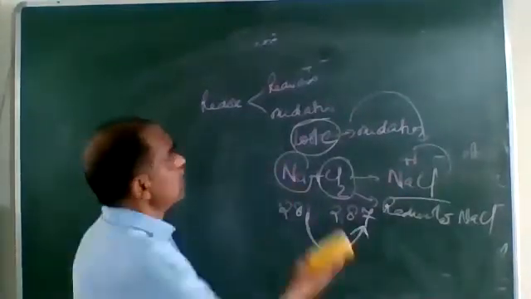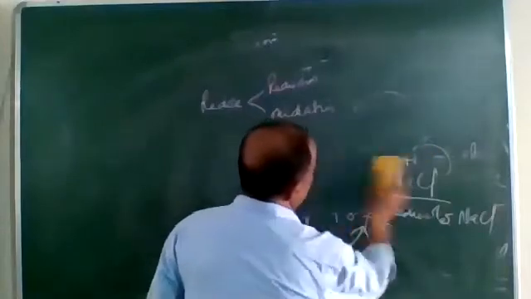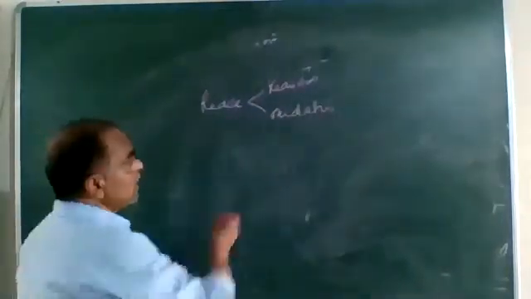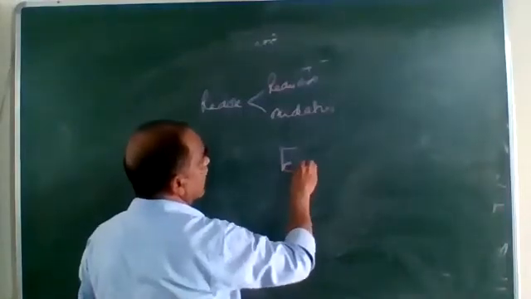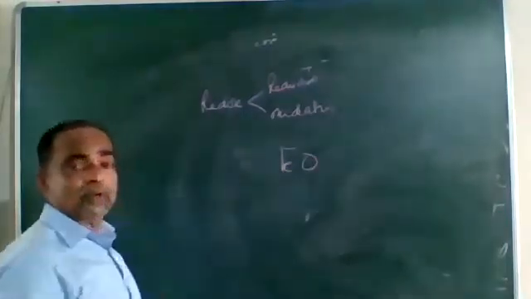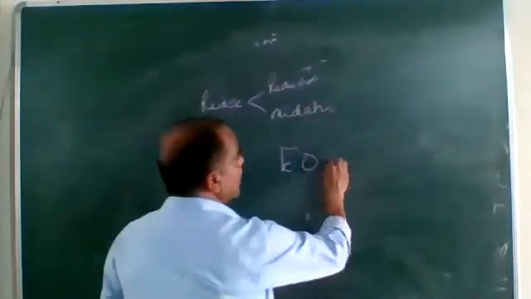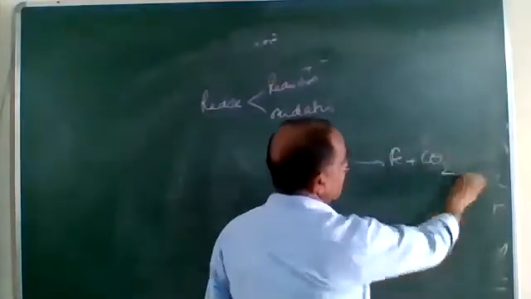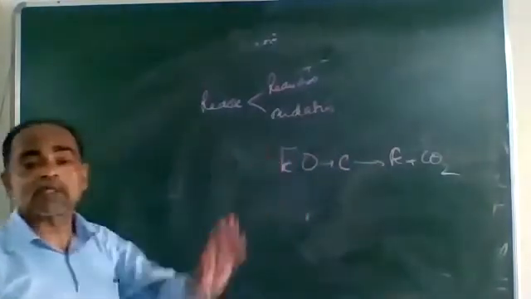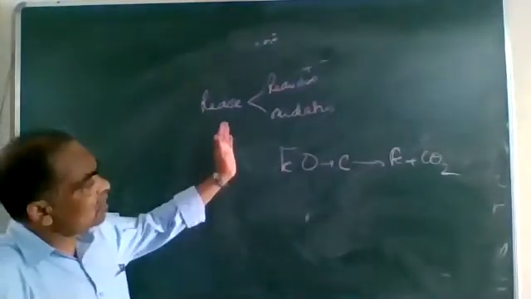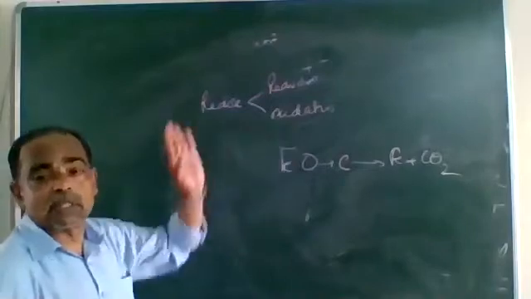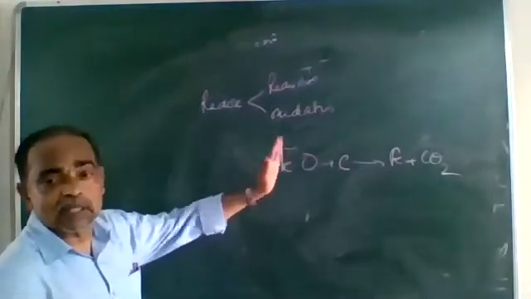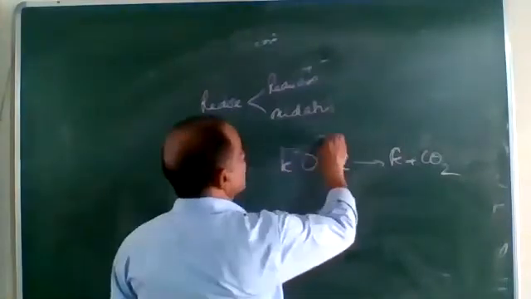Now, understood? The next one is the transfer of oxygen. Transfer of oxygen, in the sense that in metallic oxides, reduction of metals is an important part. FeO, when reacted with carbon, forms Fe plus carbon dioxide. During this reaction, what has happened? The oxygen of FeO is transferred to carbon. So Fe has lost oxygen, and loss of oxygen is known as reduction.